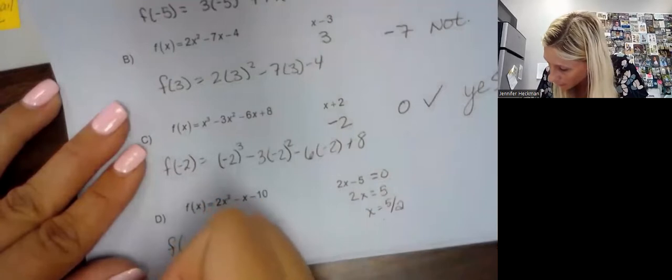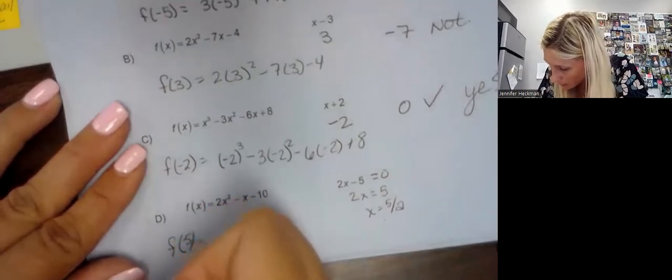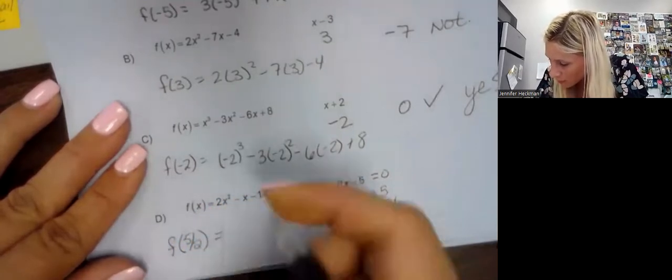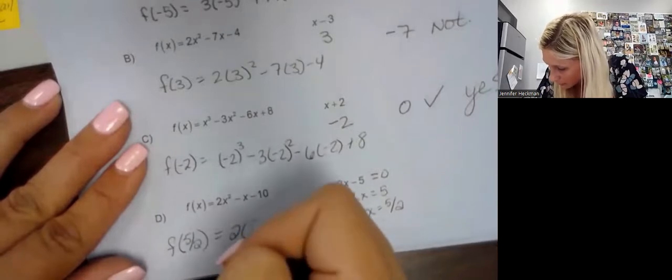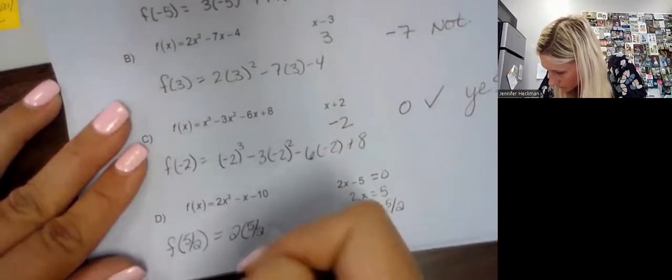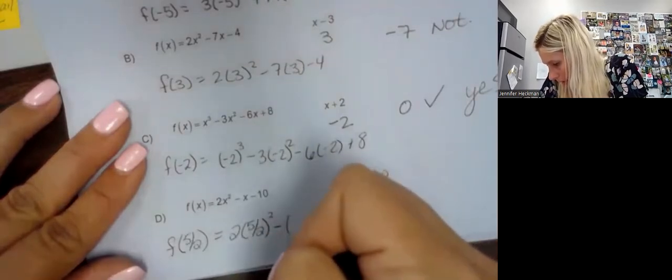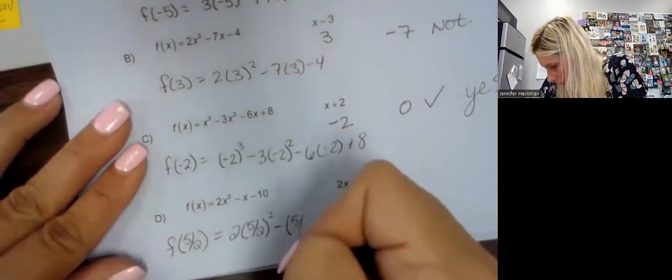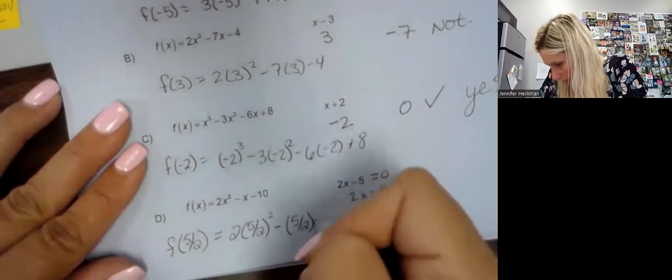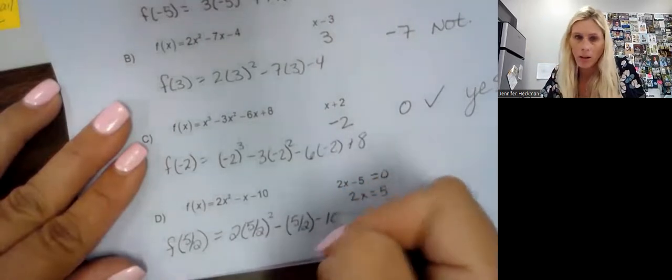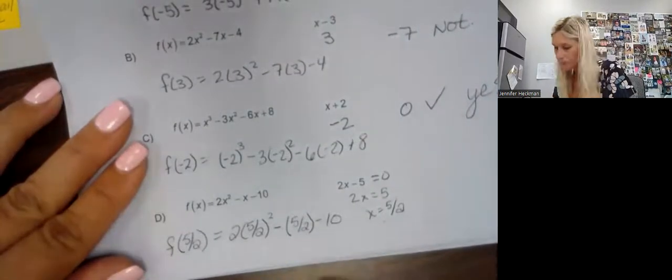F of 5 halves, right? So we're going to plug in 5 halves for each x. The one thing I like about writing it out like this is that the way I write it out tells me exactly how to type it in my calculator. Okay.